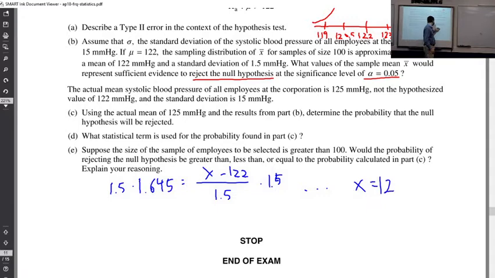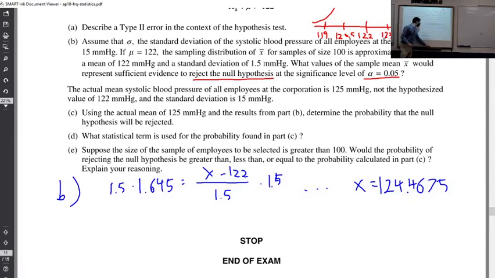I'll put more decimal places. There. So that is our threshold as to where this value is up here. Anything to the right of 124.4675, we reject the null hypothesis and conclude our alternative. So that is part B.